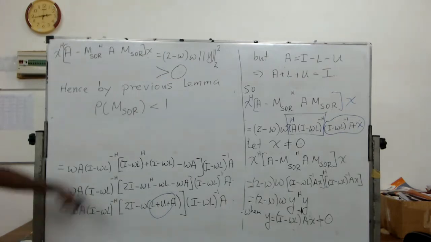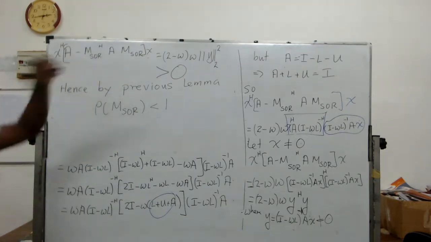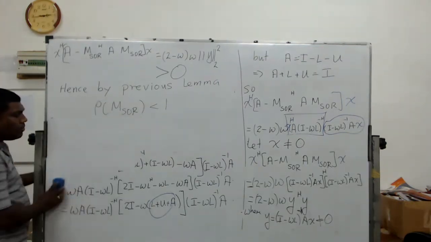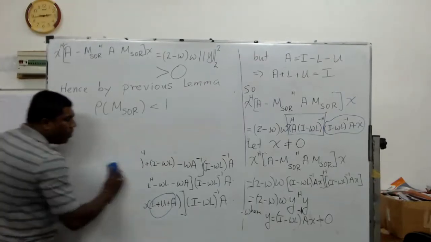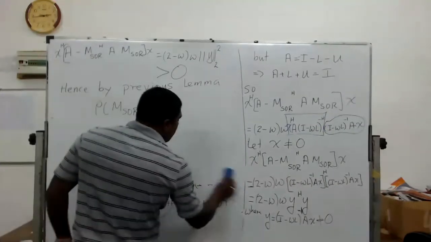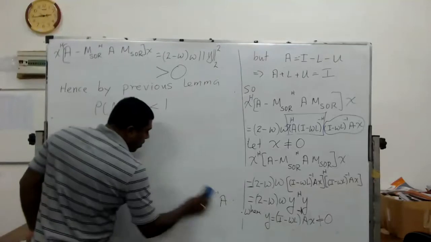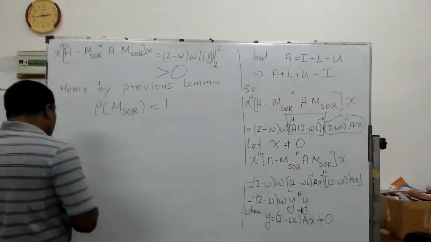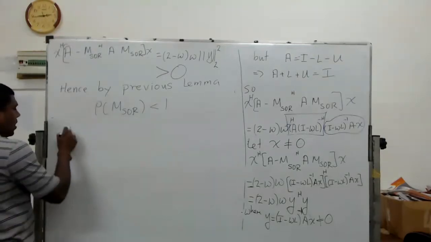So clearly this result leads to the convergence of the Gauss-Seidel iteration as well. I will write this as a corollary, and I will not write the proof again because it is the same proof, but with omega equal to 1.